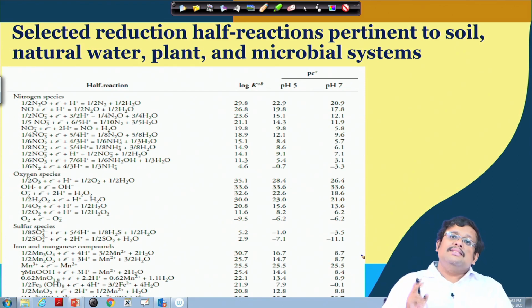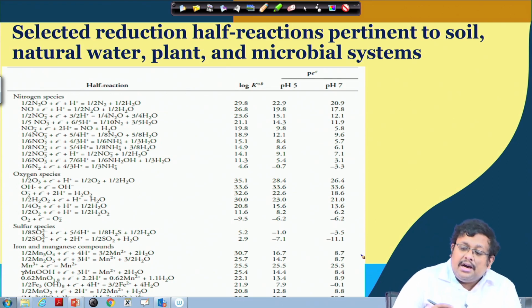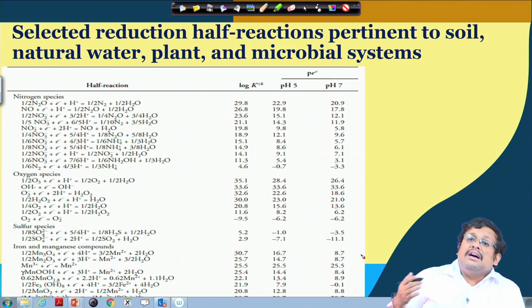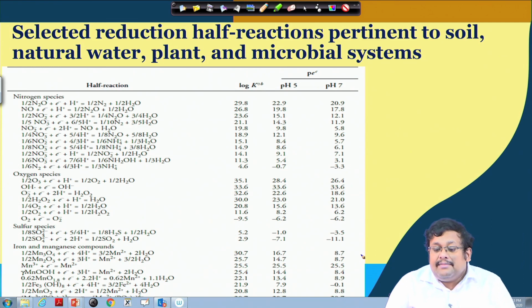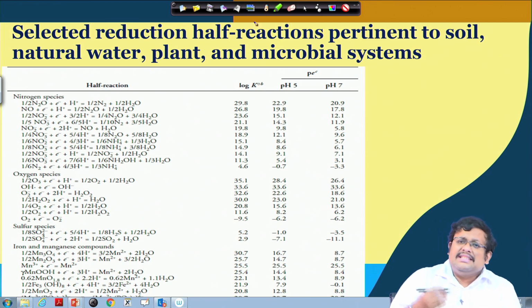If you denote any one of these reactions, you use the term half reaction. Here we are using the reduction half reactions to see the major ones pertinent to soil, natural water, plant and microbial systems. We will discuss some of them in detail when we discuss submerged soil.